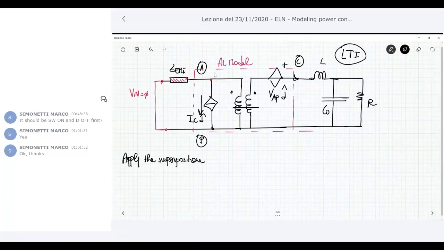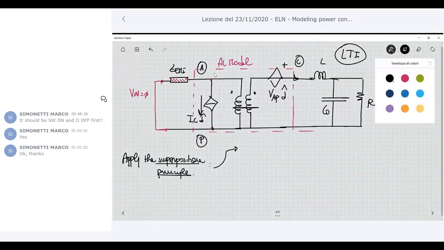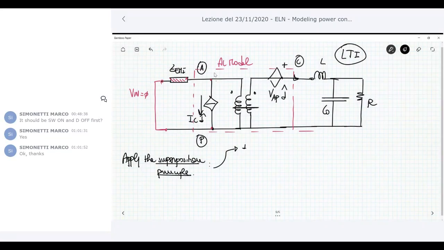Okay, the superposition principle states that you can find out your solutions just by applying one source at a time, considering the other source to be switched off. And so we can apply this principle here. Let me consider first the voltage source, and so put IC D equal to 0.